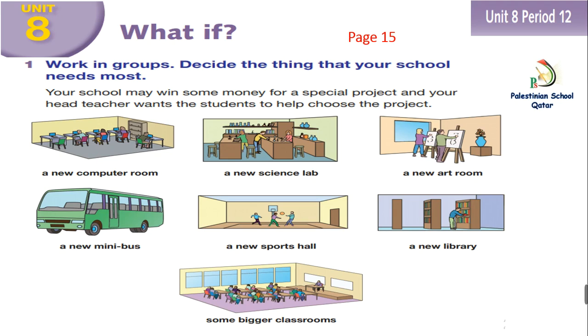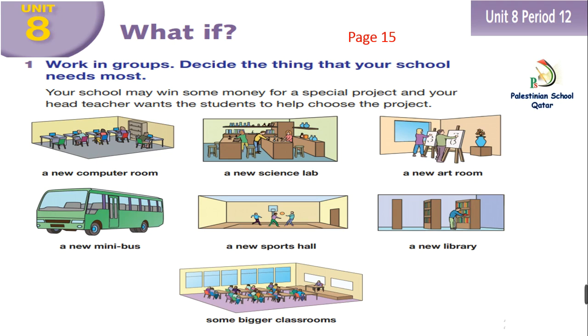You can choose any from your mind. At the beginning, everybody, you need to write an introductory paragraph as we did in period number 11. And then after the introductory paragraph, tell me why we choose any of these things.